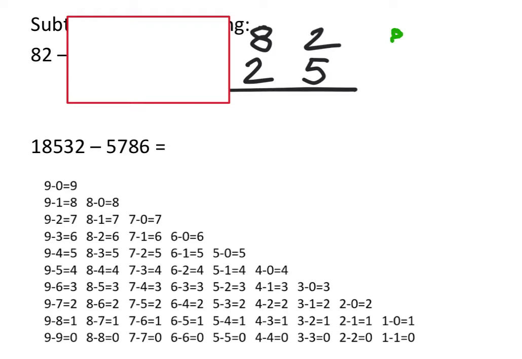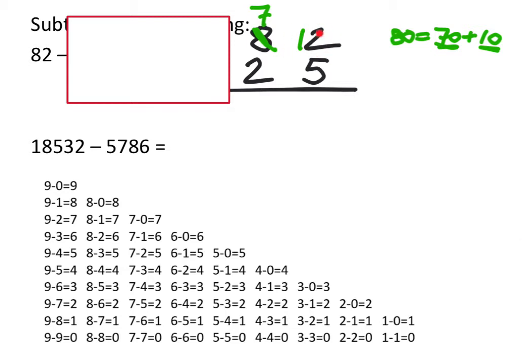I'm going to take that 80 and split it up into 7 tens and 10 ones. The 7 tens, the 70, is just going to show up as a 7 in the tens place value. And then these 10, I'm going to tag onto the ones, right? That's not a $10 bill I'm talking about. It's 10 ones, which I can now combine with these other 2 ones, which now makes it 12.